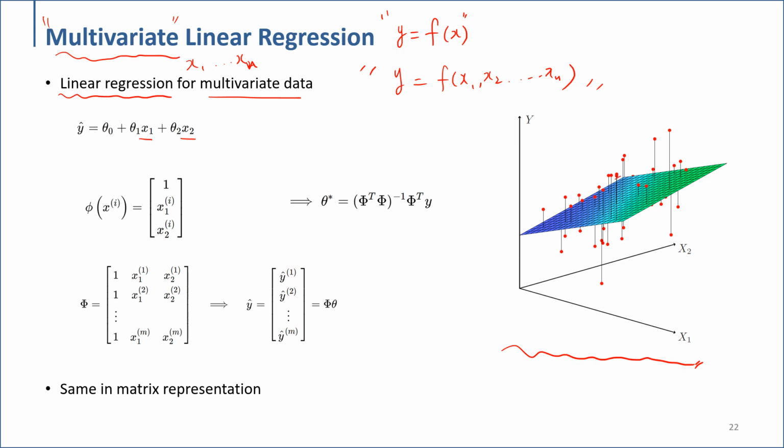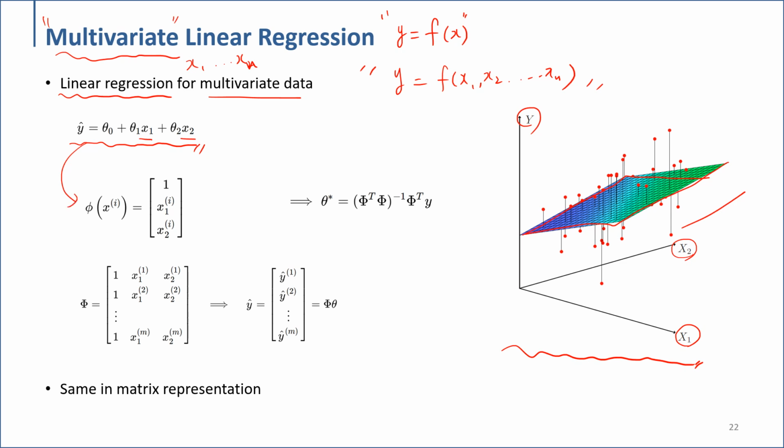Still, when we consider the linear model, it would be in the form of a plane instead of a line, right? So we have two independent variables, x1 and x2, and one dependent variable, y.